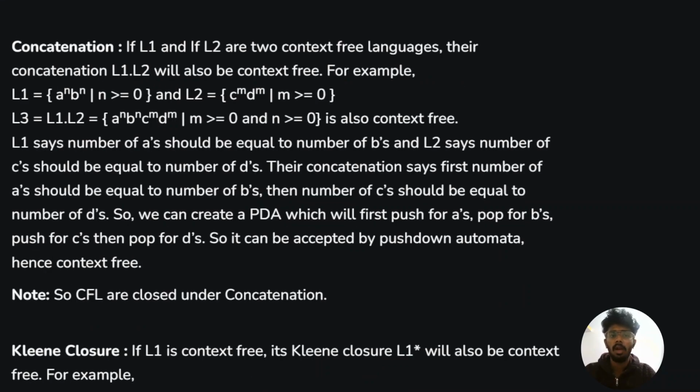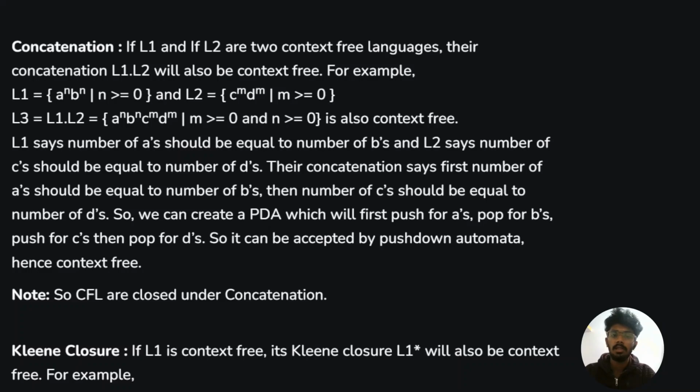The second is concatenation. If L1 and L2 are two context-free languages, their concatenation L1 · L2 will also be context-free. For example, here L1 says the number of A's should be equal to the number of B's, and L2 says the number of C's should be equal to the number of D's.